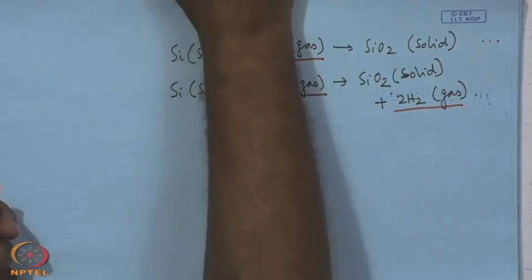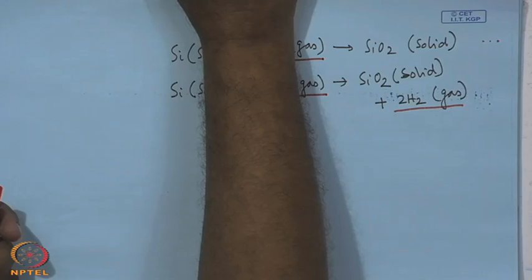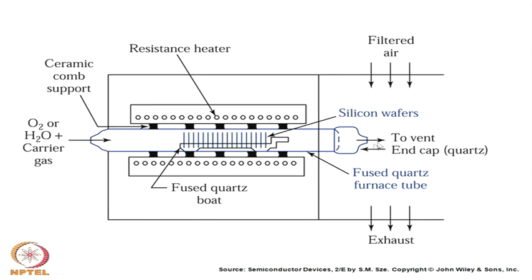Because of the presence of hydrogen gas, you see from this reactor that there is a vent. Vent means this hydrogen must pass out from the quartz tube reactor to the scrubber before going to the atmosphere.